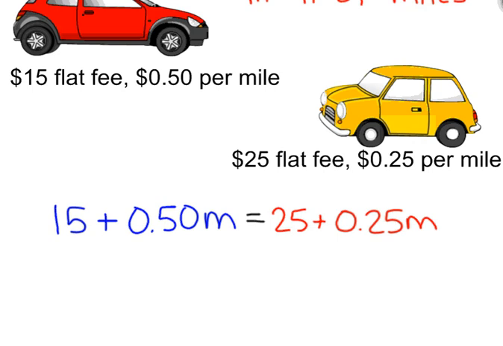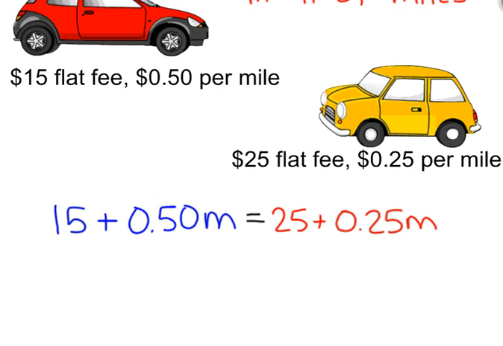And now I have an equation kind of like before, variables on both sides, and we can go ahead and solve it. So again, 4 correct first steps. We could subtract 15, we could subtract 0.5m, we could subtract 25, or we could subtract 0.25m.